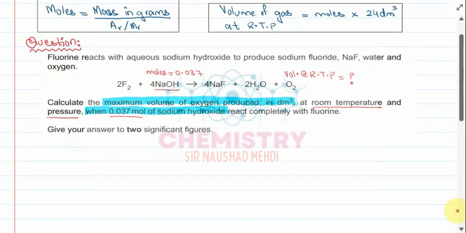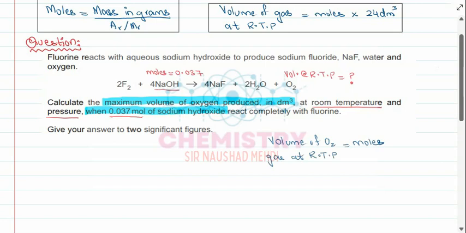If you want to calculate the volume of oxygen gas at RTP, what would be the formula? The formula is written already over there: you have to use the moles. Now, which moles do I have to use?